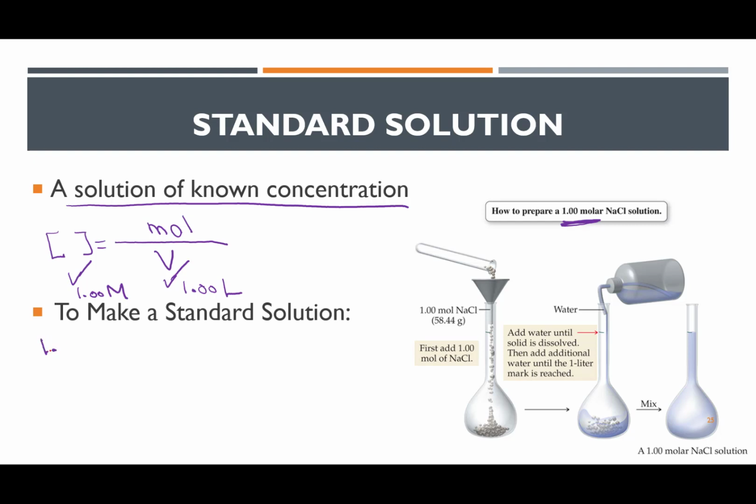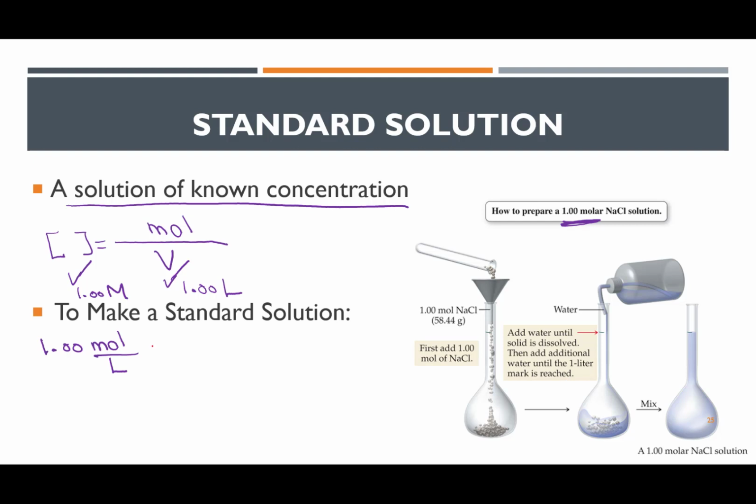Then you know the concentration, you're told it this much, and you know the volume is 1 liter. You will be told, because there is no way you could do the calculation if you don't know the volume.